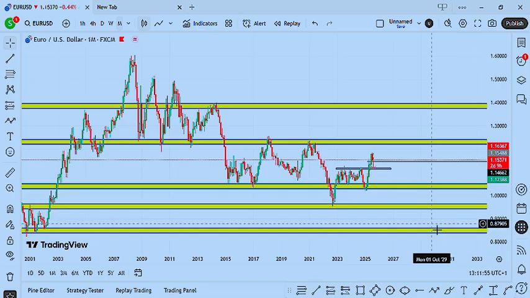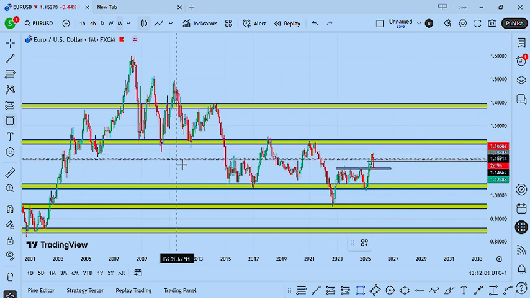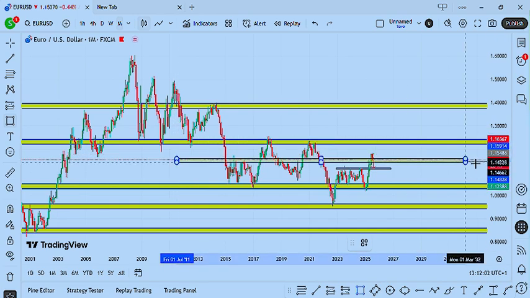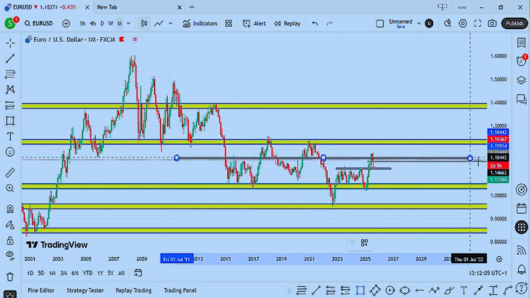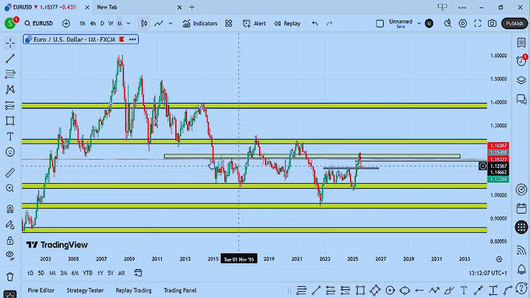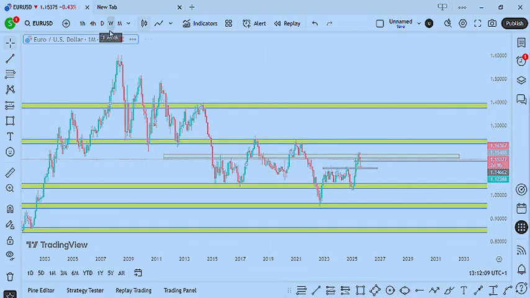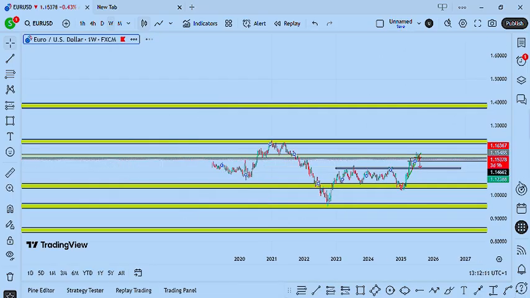But currently, the Euro market is trading at this weekly trend line, this weekly resistance level. Let's go on the weekly time frame. Zoom out a little bit.